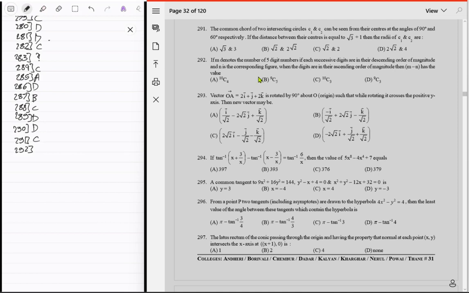And the digits are in ascending order, then M minus N has the value. Number of 5-digit numbers where the digits are in descending order, that's M, and the number of 5-digit numbers with ascending order. Of magnitude, of course, we just write magnitude.